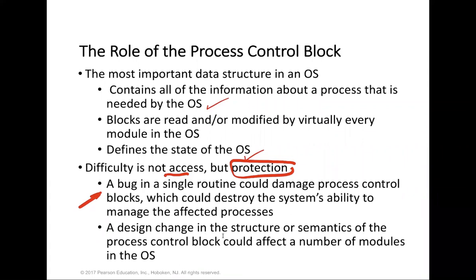Another problem is that a change in the structure or semantics of the process control block could affect a number of modules in the operating system. Because of these two problems, protection is a big issue and a challenge in the operating system.